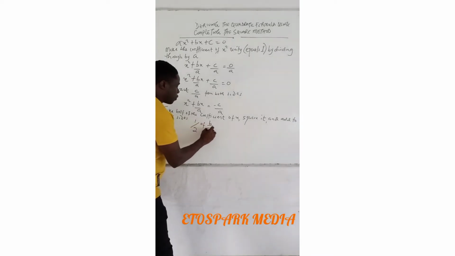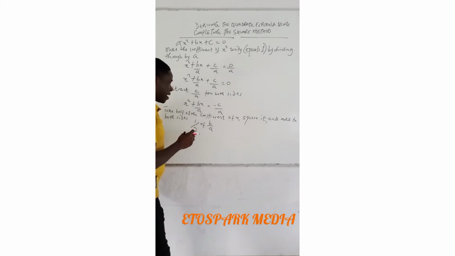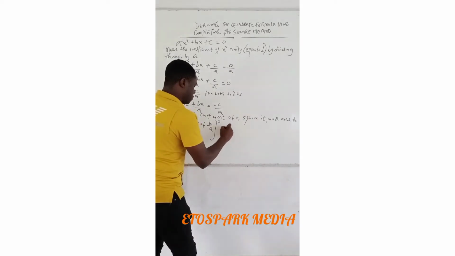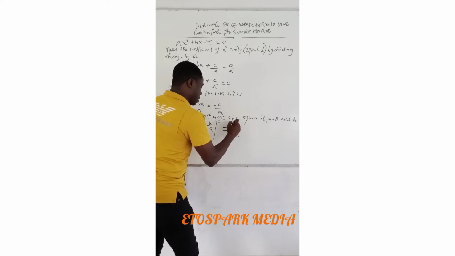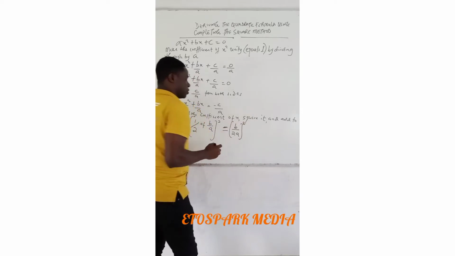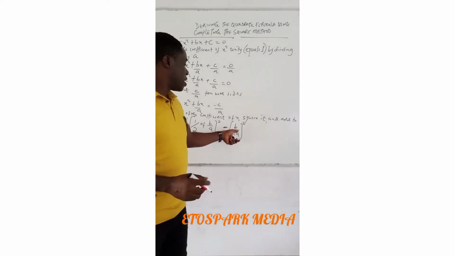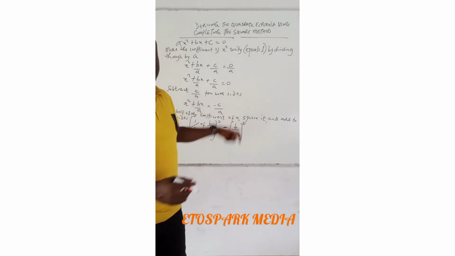The coefficient of x here is plus b over a. So you have half of the coefficient of x, which is b over a. Then we square it. This will result to b over 2a all squared.